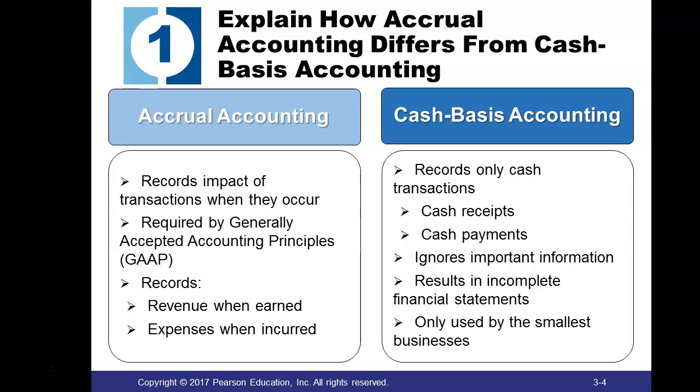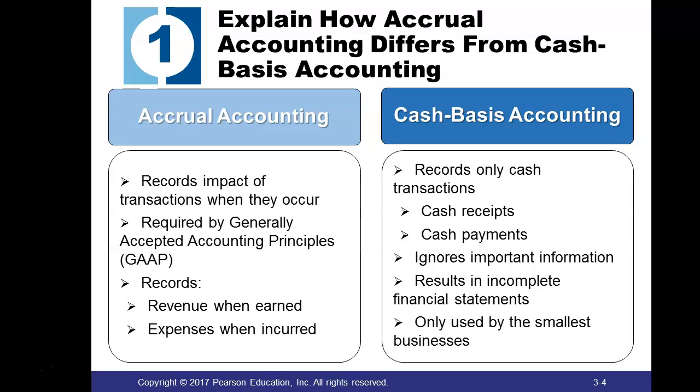So recognition, in my personal opinion, is the reality that this transaction needs to be recorded. When you're talking about recognition, we're saying, do we record it? And the answer depends on the rule we're trying to apply. In the case of revenue, did we earn the money? Yes, we earned the money, so we are going to recognize or record it. It's also required because we want to recognize when we earn the revenue, and we do not necessarily care when the cash is received.